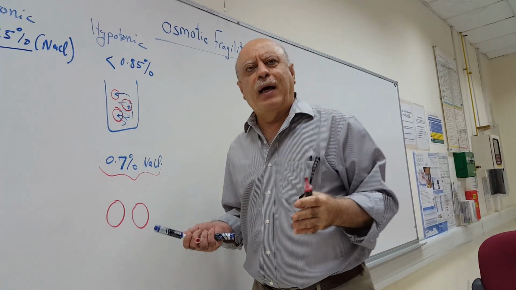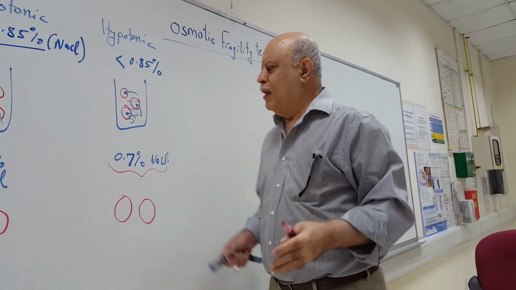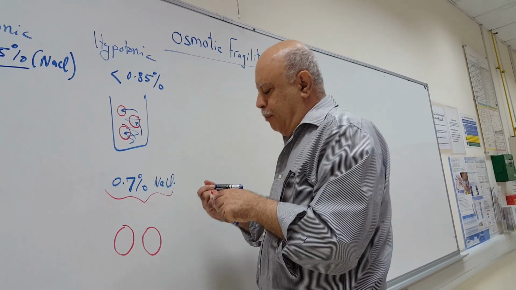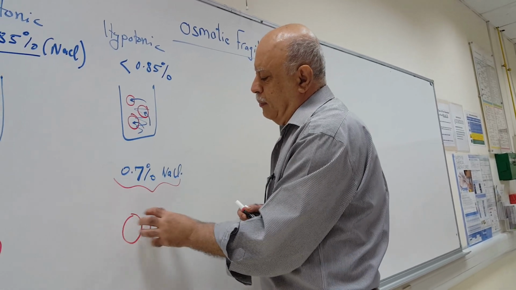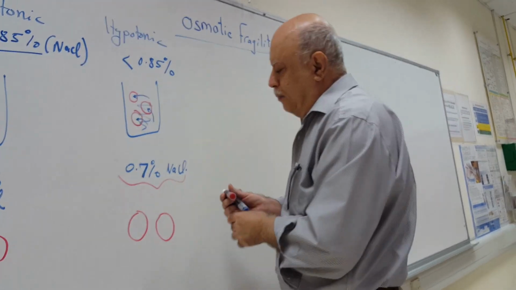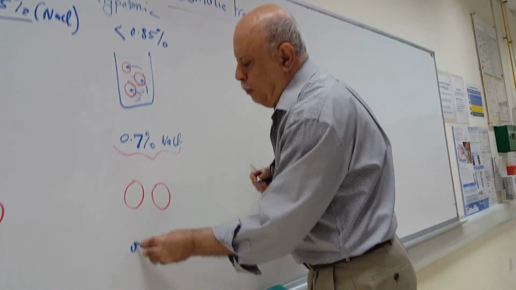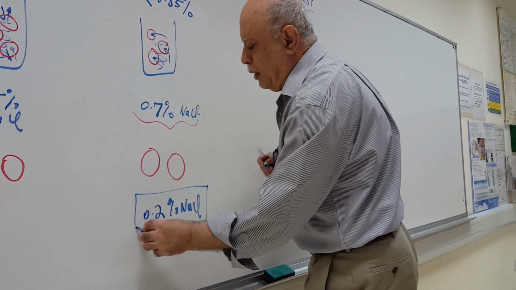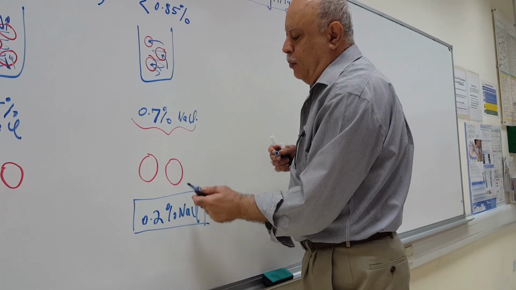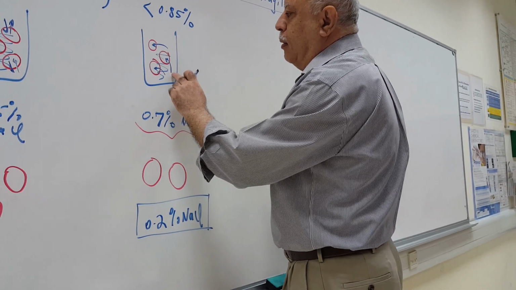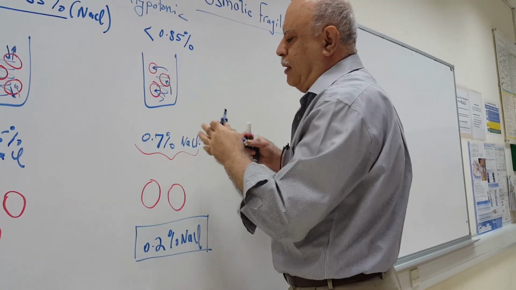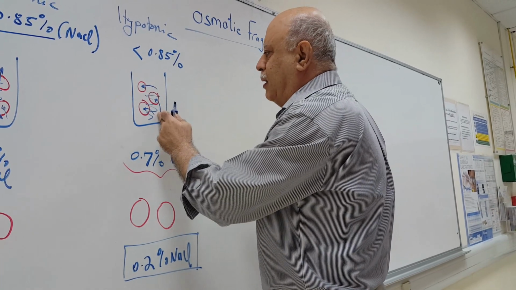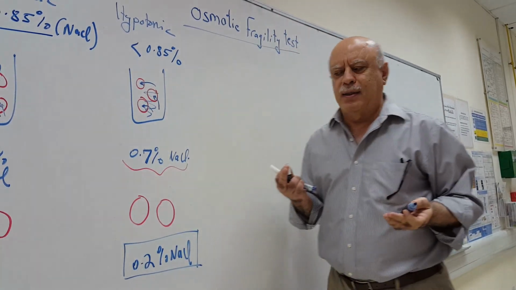It depends how hypotonic the solution is. Most likely, if the solution is 0.7%, slightly hypotonic, the RBC will swell without bursting. But if the solution were, for example, 0.2% sodium chloride, this is a very hypotonic solution. In this case, the water will go from the solution into the cells. The cells grow bigger and bigger and bigger, and equilibrium will never be reached between outside and inside the cells, and the cells will lyse.